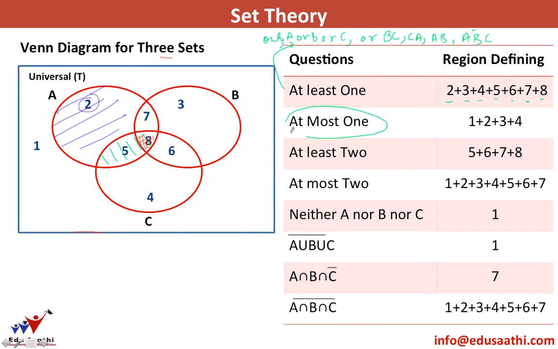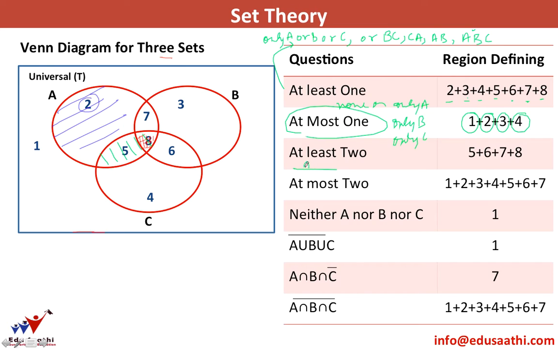At most one means either in none of the sets or in at most one of the sets, that is, only in A, only in B, and only in C. So 1 represents in none of the sets, 2 represents only A, 3 represents only B, and 4 represents only C. At least 2 means either in 2 sets or more.